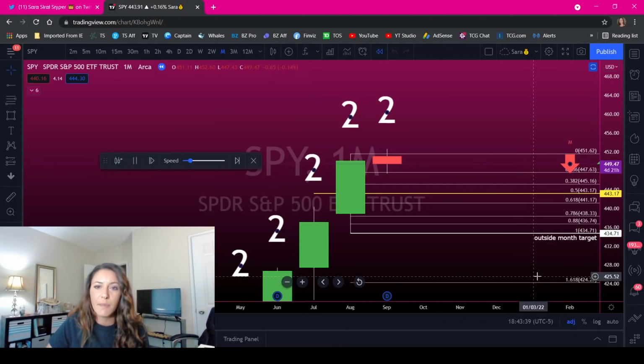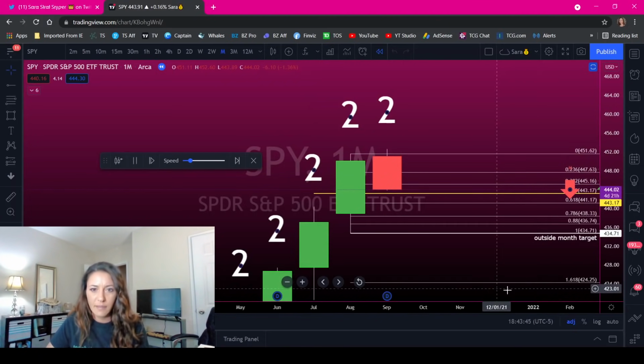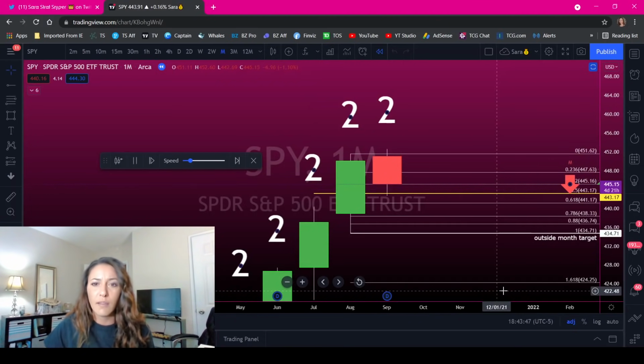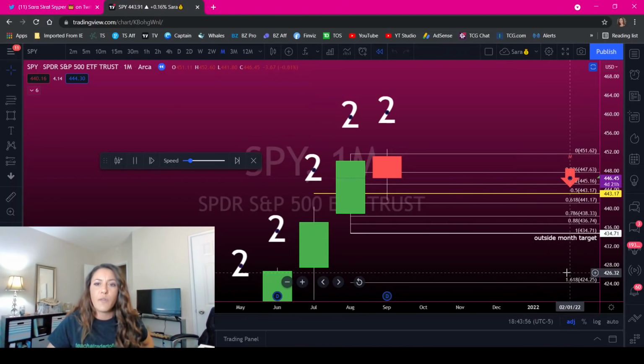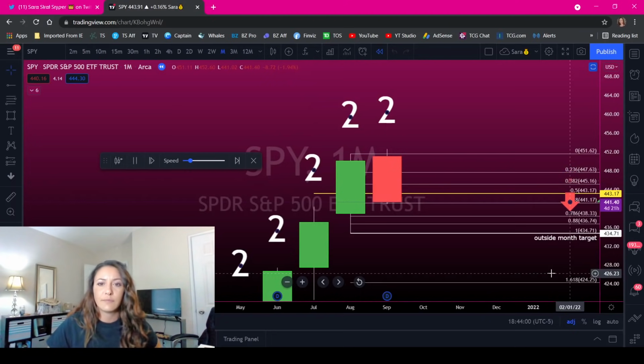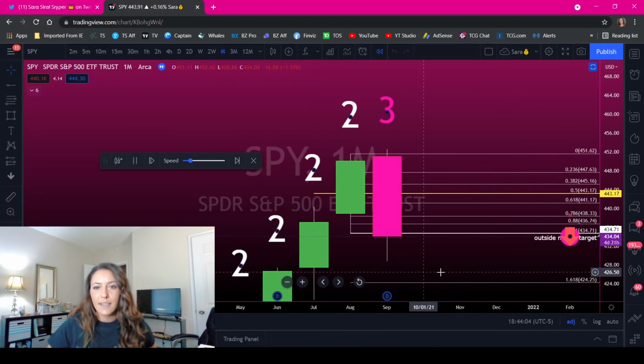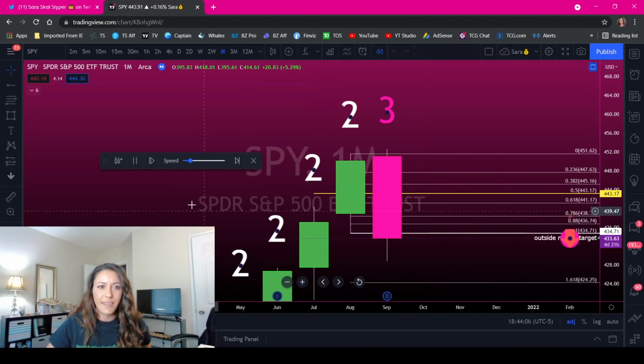Oh, let me buy the dip on the 20 MA. Oh, it's still going. Oh, God. Now the 50 MA. Oh, they're buying it. No, guys, we're going outside month. We're going to 434. You're crazy, Sarah. Like a fox. Bam, outside month.